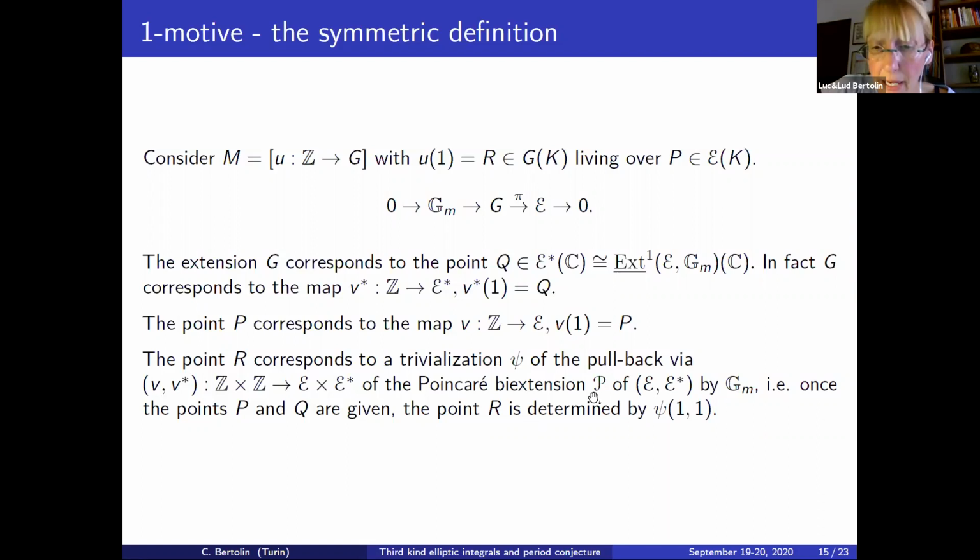This is due to the fact that if you restrict the Poincaré biextension above E cross Q, this is exactly G. And then if you want to fix a point above P, you just need a point in the fiber of the Poincaré biextension above (P,Q).